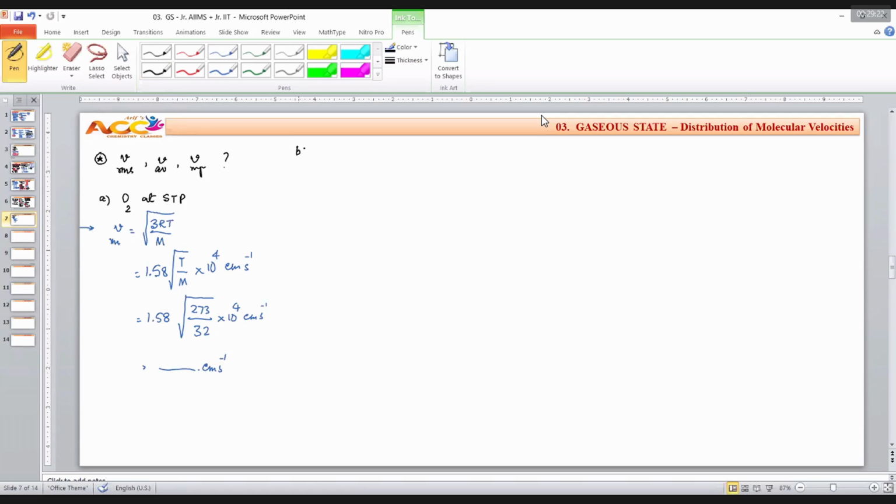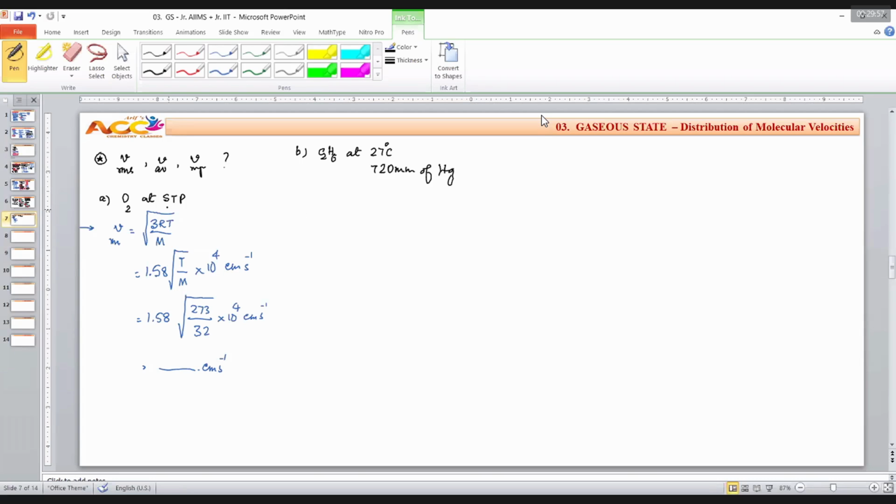Second type of problem, in case of RMS velocity. Ethane: find RMS velocity of ethane, C2H6, at 27 degrees centigrade and 720 millimeter of Hg. Remember, whenever temperature is given to you, just now as I said, don't see any other thing. Straightforward go to temperature, substitute the value of temperature and directly proceed, even though pressure is given.